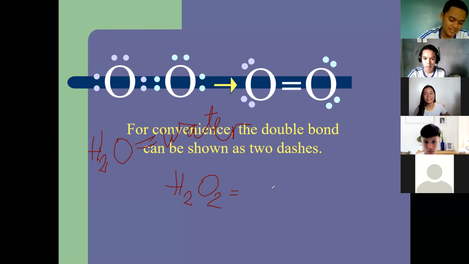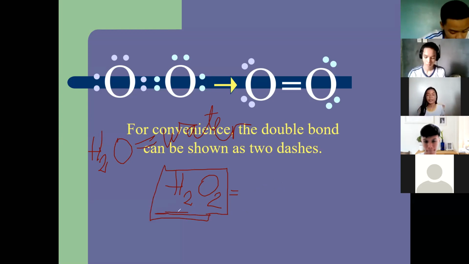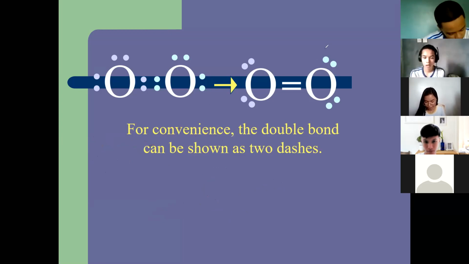What is that? Hydrogen peroxide. Although it's not named according to the subscript, this is read as hydrogen peroxide, most commonly known as agua oxygenada. Okay, let's proceed.